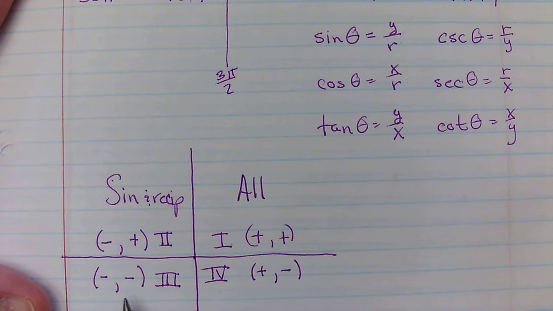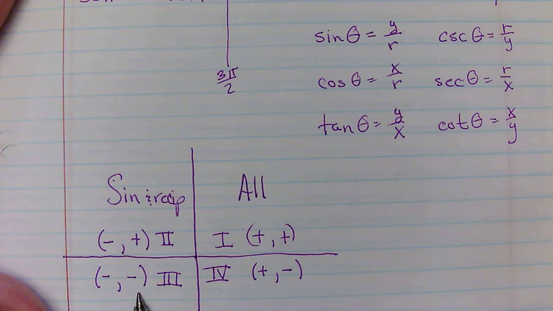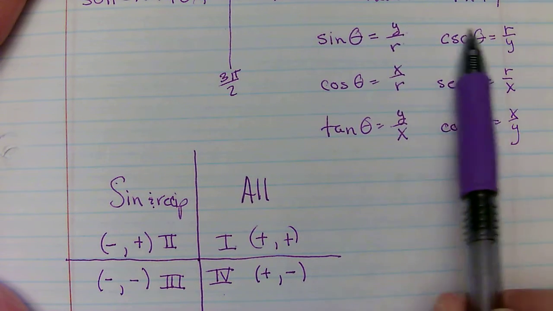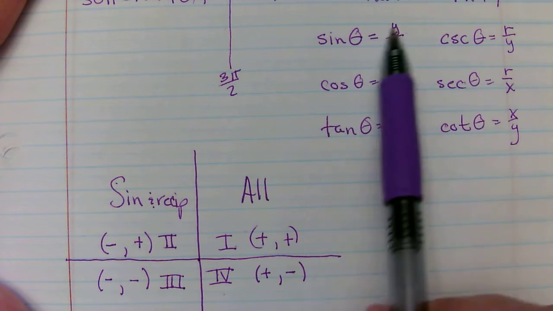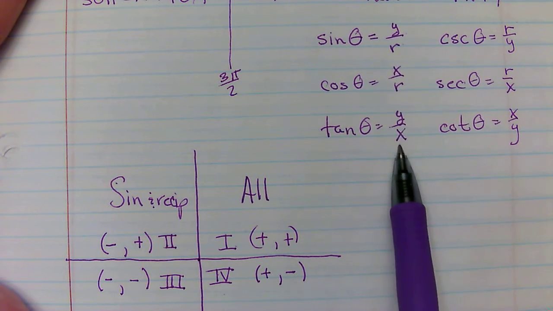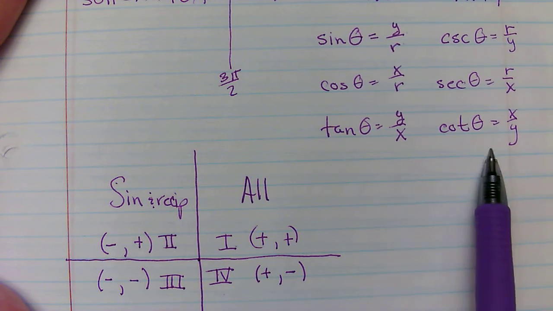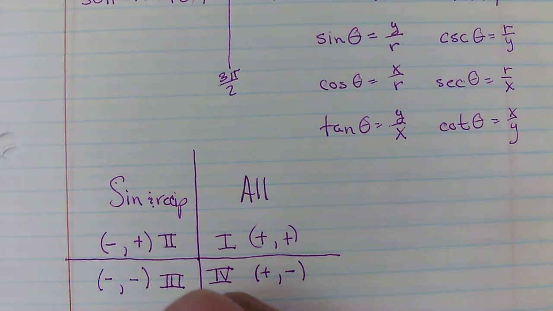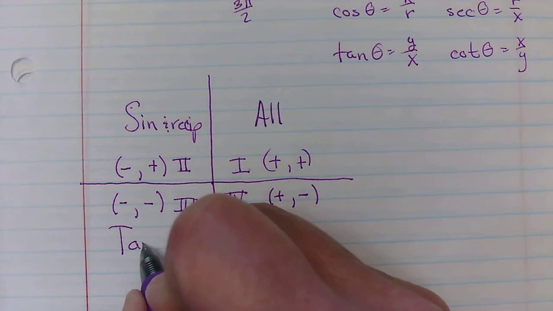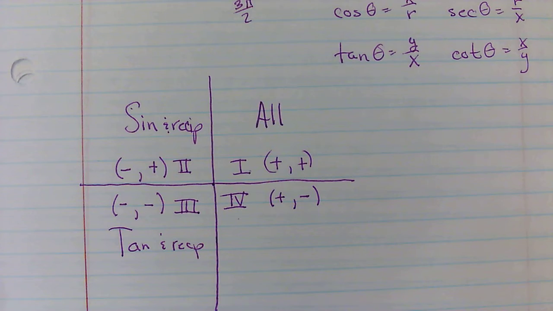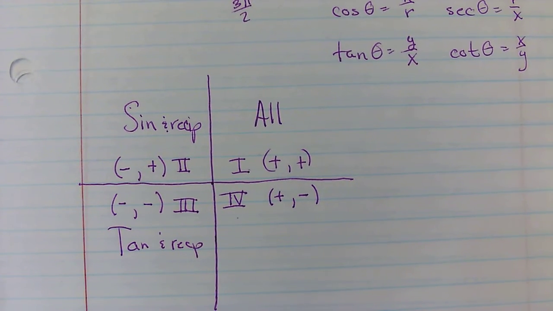In the third quadrant, both x and y are negative. Well, that means the ones that have either x or y with r are all going to be negative. But the ones that have x and y together, since you have a negative divided by a negative, will be positive. So in the third quadrant, tangent and its reciprocal are positive, and all the rest of the trig functions are negative.